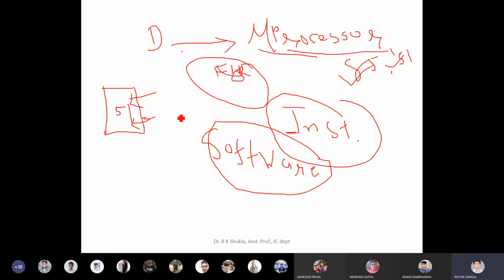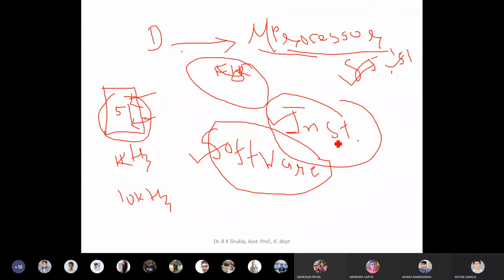Now suppose I have implemented a digital filter in this, and if I want to change my frequency from 1 kilohertz to 10 kilohertz, I am not going to change the hardware. We don't need to change the hardware. What do we change? You just need to change your software. How can you change the software? By writing some instructions.